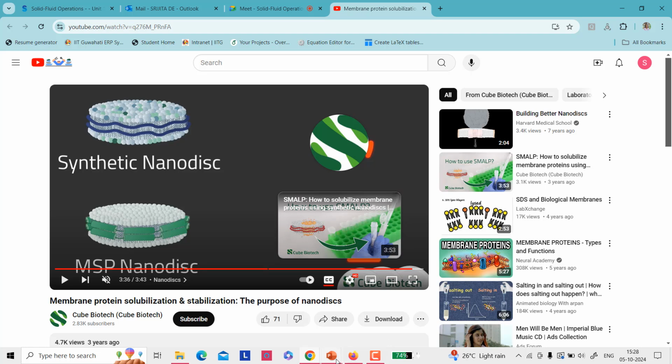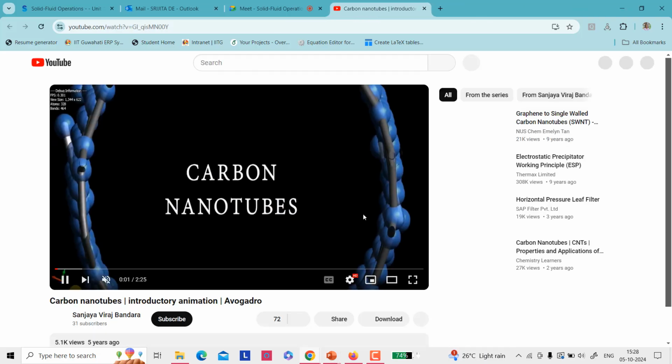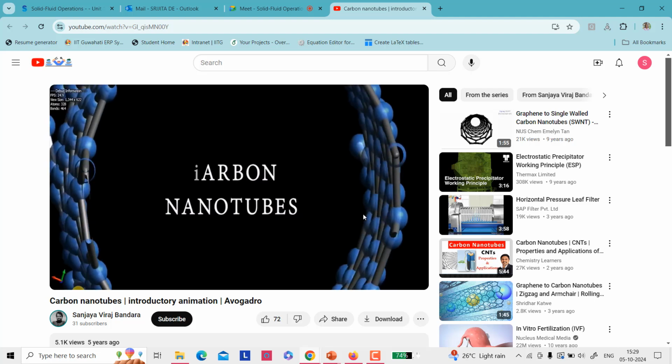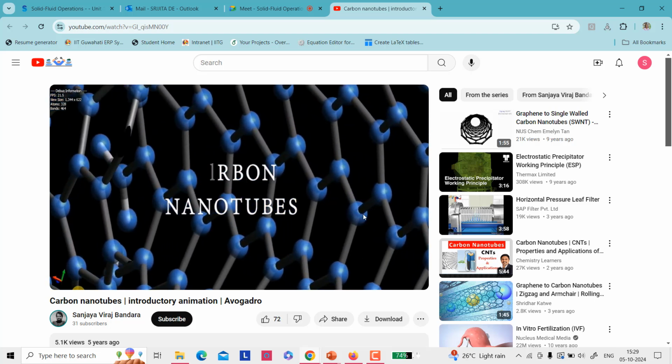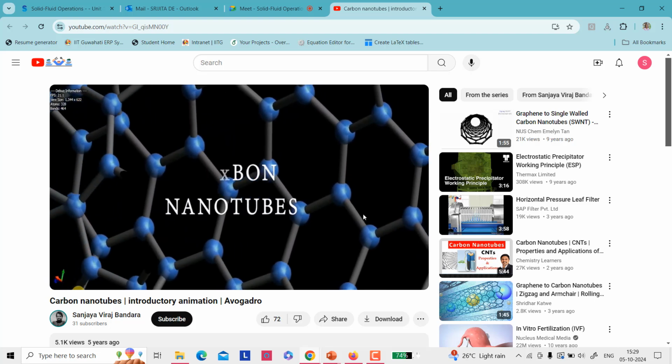Third one is a different kind of nanomaterial, which is nanotubes or carbon nanotubes, which are one-dimensional nanoparticles. This is the shape of carbon nanotubes.